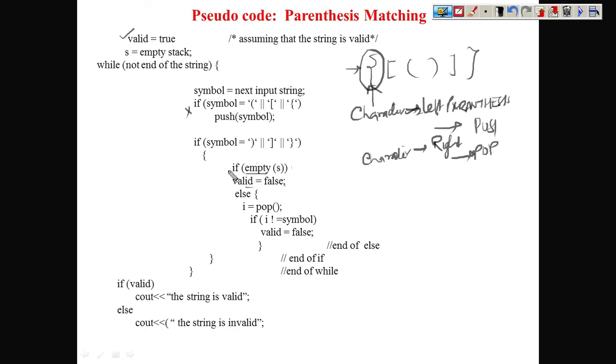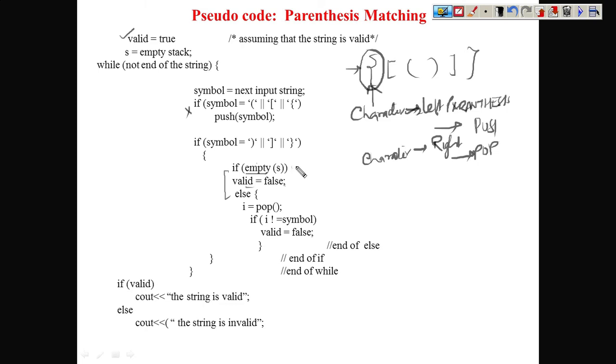Otherwise, if it returns false, that means the stack is not empty, so you need to do the pop operation. Whenever you come across a right parenthesis you need to pop, and to pop you need to check the underflow condition also.